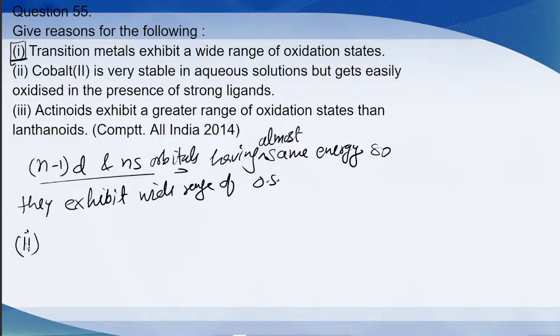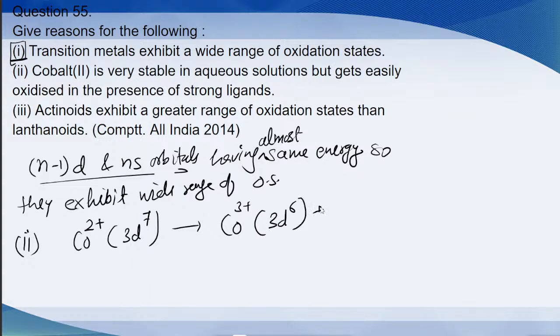Second, cobalt-2 is very stable in aqueous solutions but gets easily oxidized in the presence of strong ligands. Because cobalt 2 plus is 3d 7 and cobalt 3 plus is 3d 6.